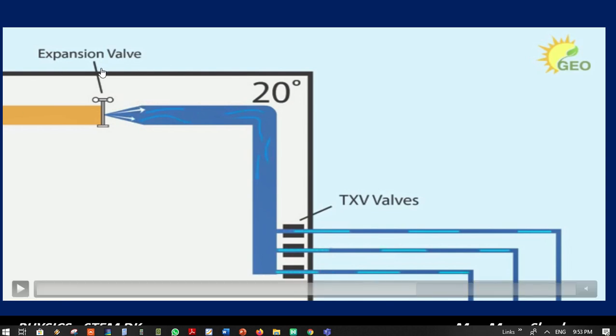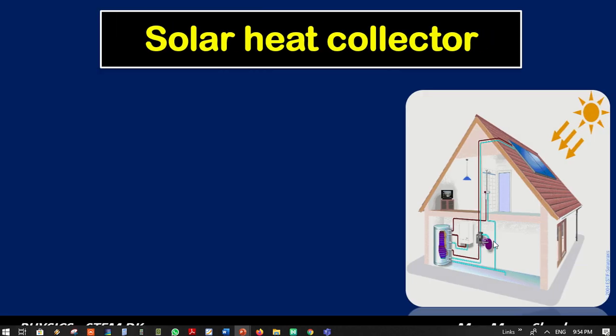The expansion valve will convert the gas to a liquid again. It will be cooled down as the gas condenses into water again, and its temperature will be 20 degrees, and so the cycle will circulate again.